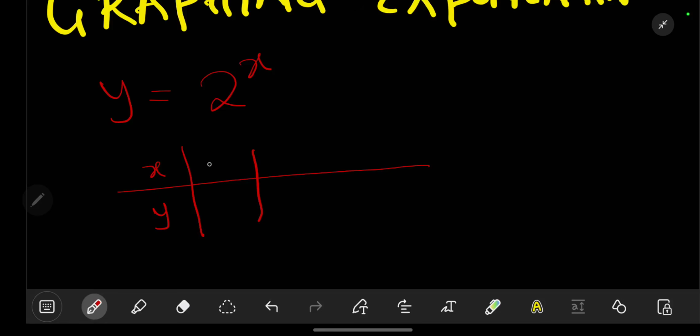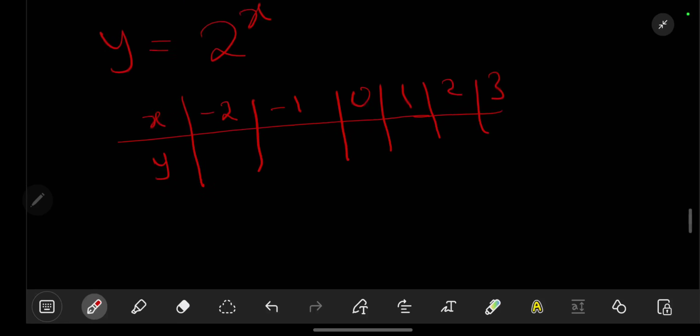If our x value is equal to, let's say, -2, -1, 0, 1, we can go as far as 2 and 3. Let's see the behavior.